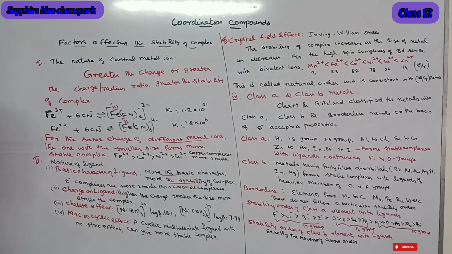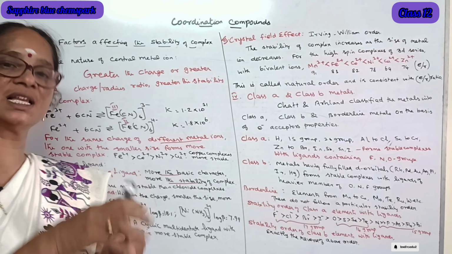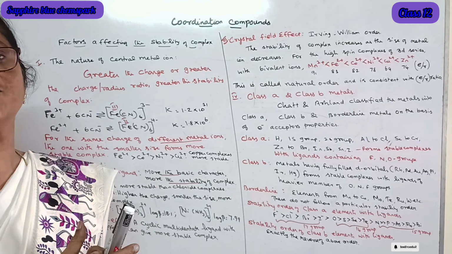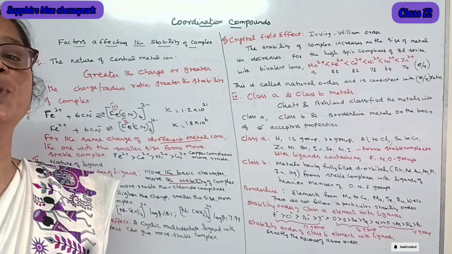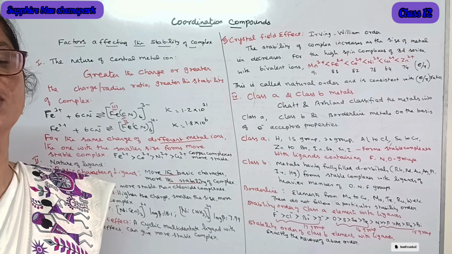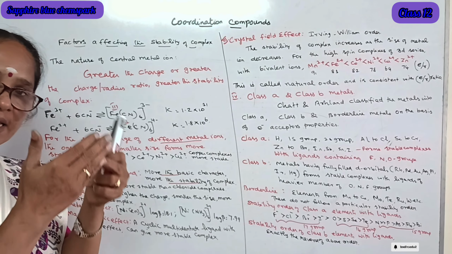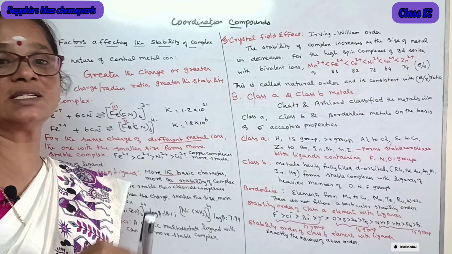The next one, macrocyclic effect. In this case, the ligand itself has a cyclic form, and the cyclic form, which is free from steric effect, is able to form more stable complexes. So in some cases the ligands themselves make a cyclic effect with the central metal ion.